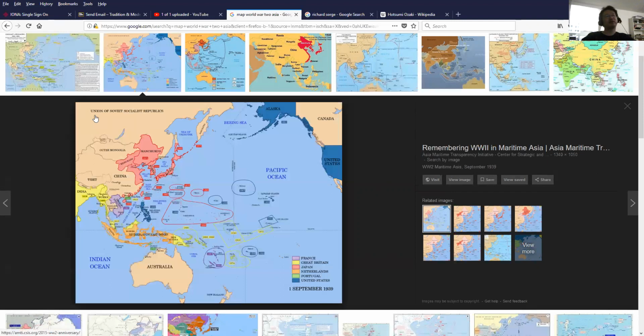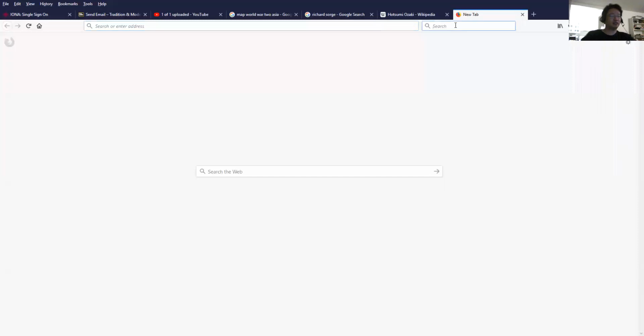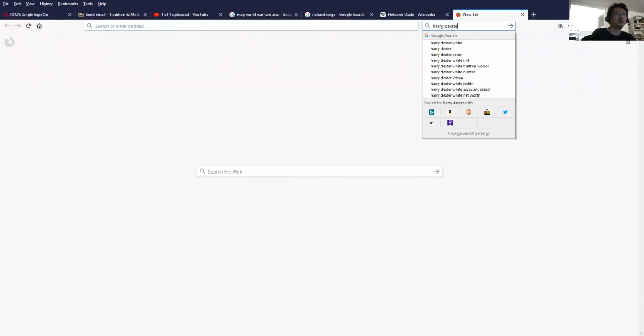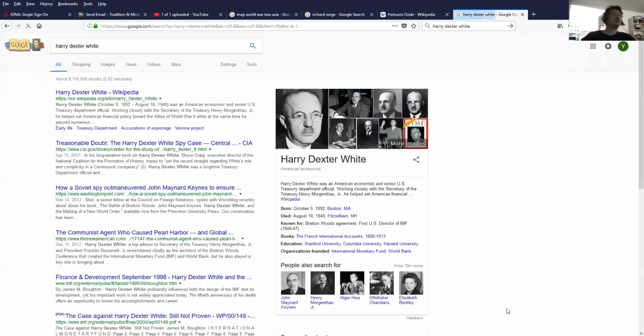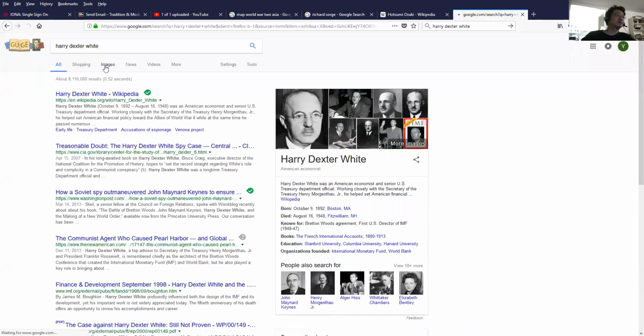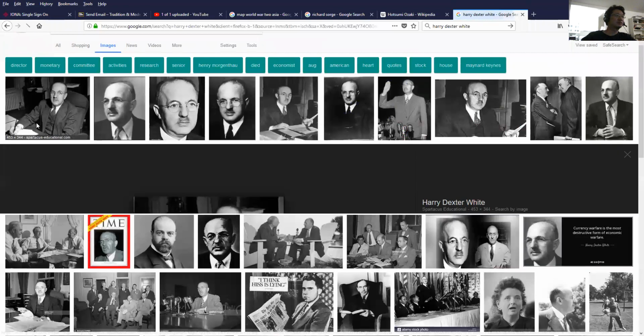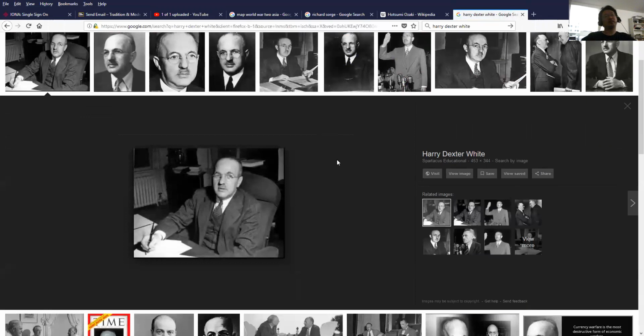And to put the final nail in the coffin, you have this guy, Harry Dexter White, who is the Undersecretary of the Treasury, who drafted the initial note for Cordell Hull.